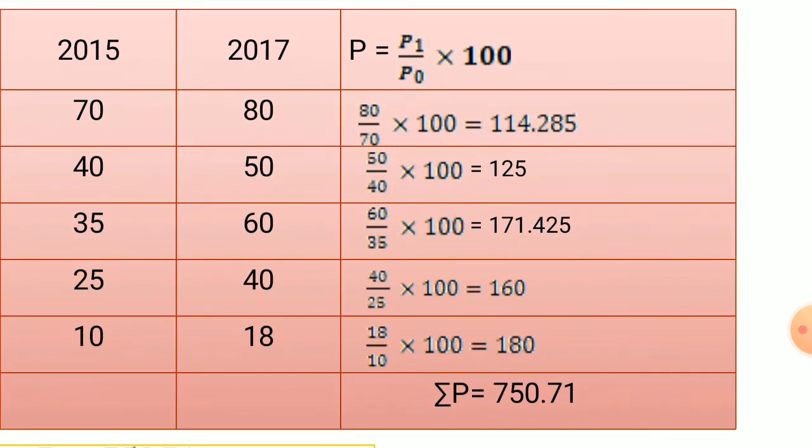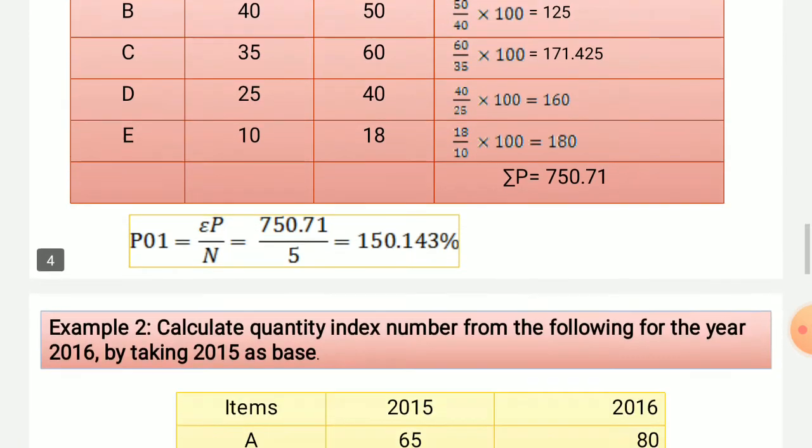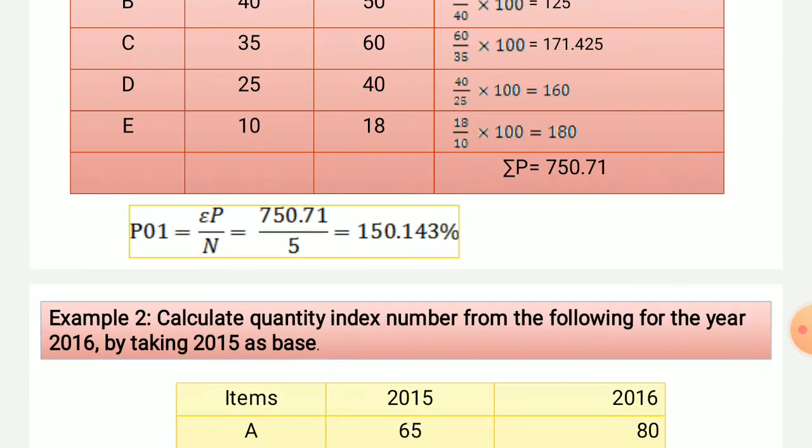Now sigma P, sum of price relatives is equal to 750.71. Now P01, price index for the current year, sigma P by N equals 750.71 by 5 equals 150.143%.